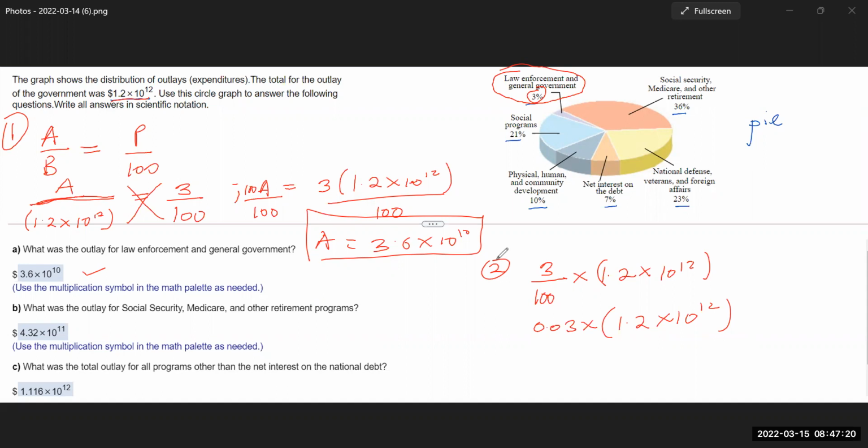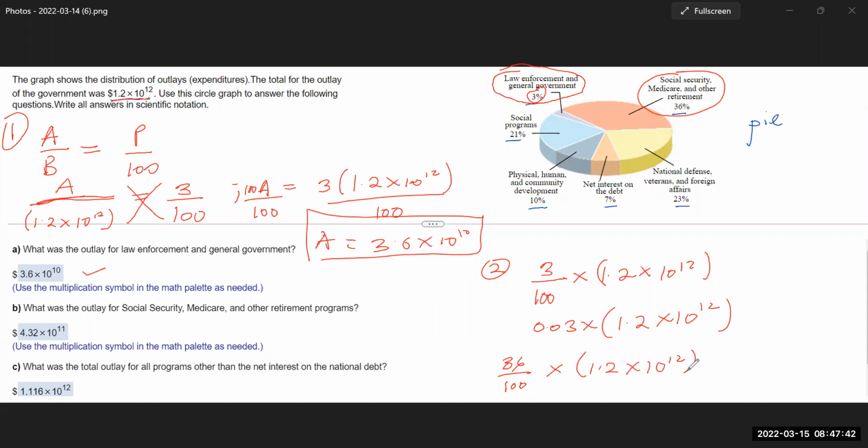Now for B, what was the outlay for Social Security, Medicare, and other retirement programs? So this is it. You have 36%, so you just need to do 36 over 100 multiplied by 1.2 trillion.